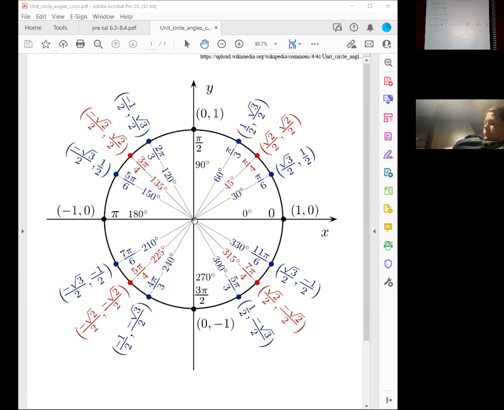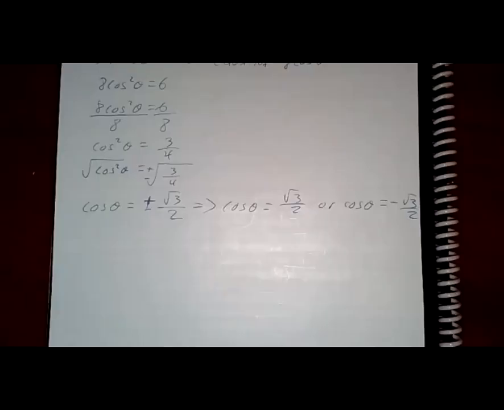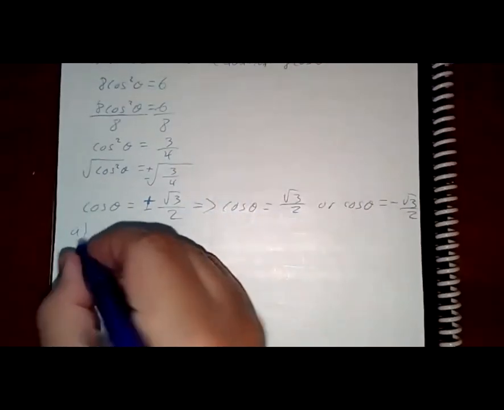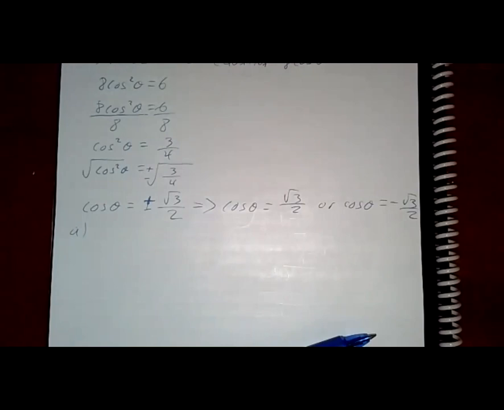So looks like 30 degrees, 150 degrees, 210, and 330 are all answers. Okay. So you could write all 4 of them. Well, since the first question, well, it didn't specify, so part A, let me specify it now.